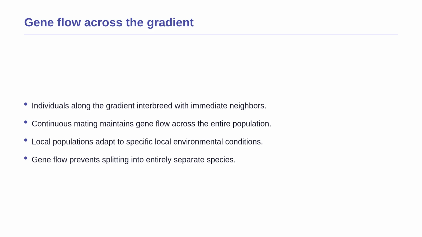Understanding this smooth continuum leads us to a critical question. Why do these plants not just become different species? The answer lies in reproduction. Because the individuals along this environmental gradient can still interbreed with their immediate neighbors, gene flow continues across the entire population.